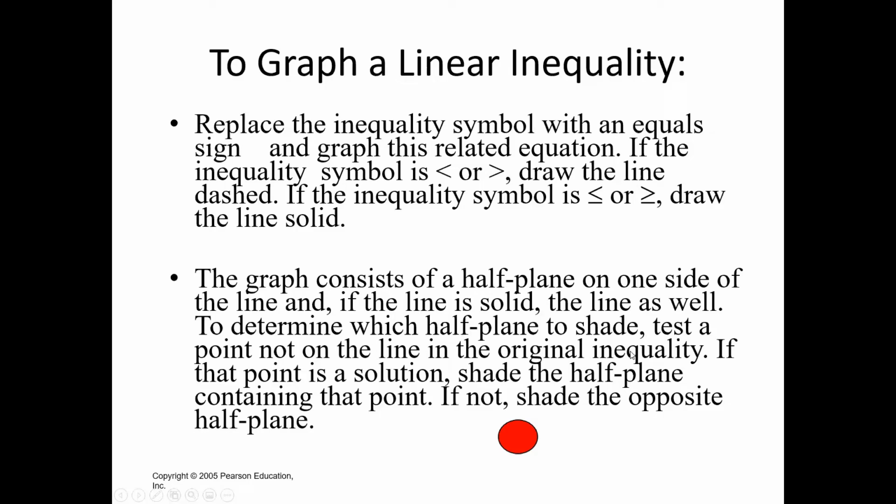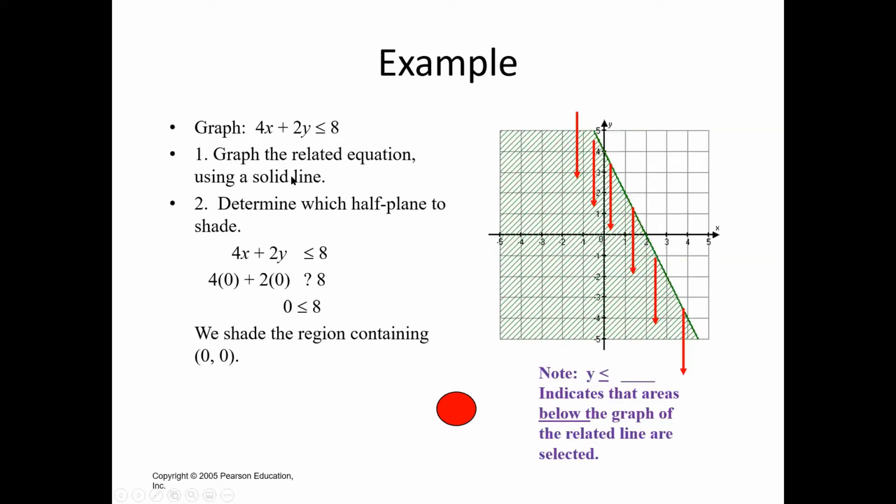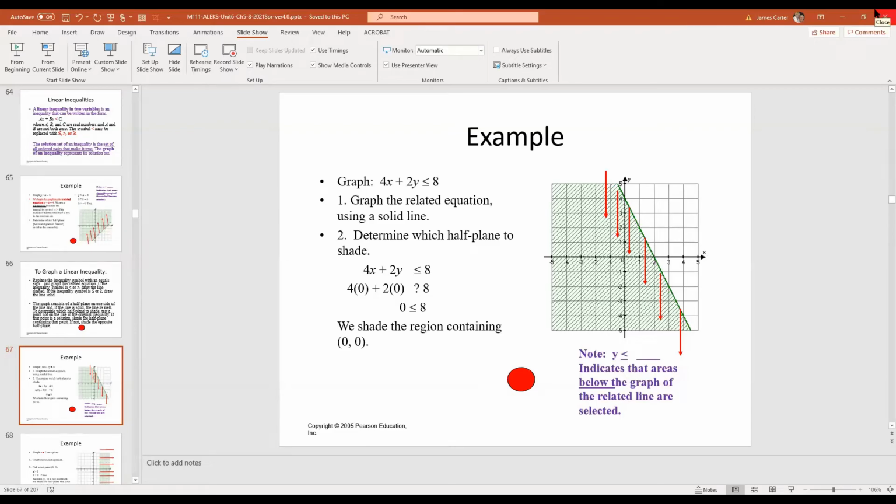Now they're saying test a point and see if it satisfies the inequality, but I'm telling you that the method I use will give you the correct thing. In this case, they're using the test method. I would not use that method. What I would do first is change this equation into, first, 2y is less than or equal to -4x plus 8.